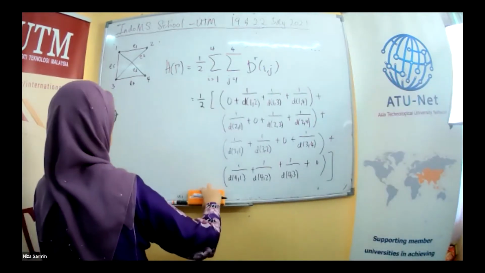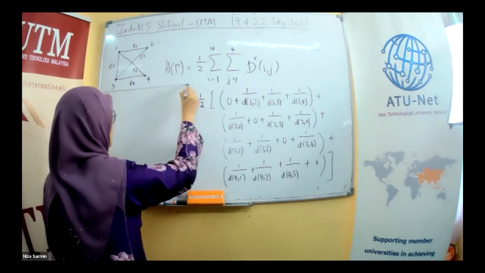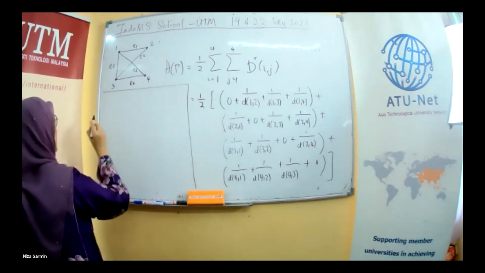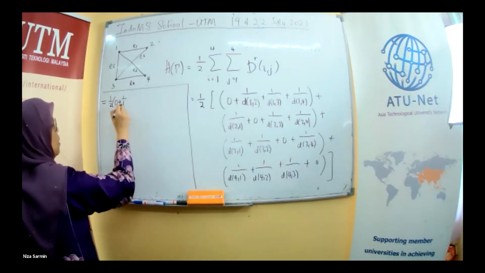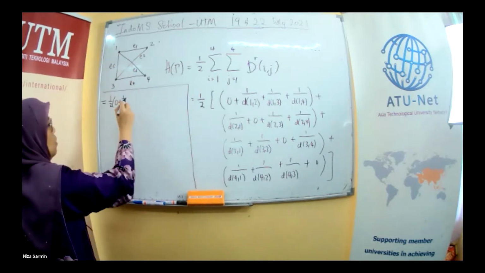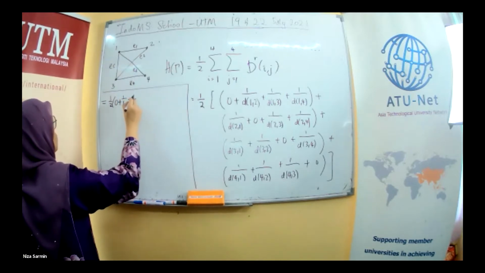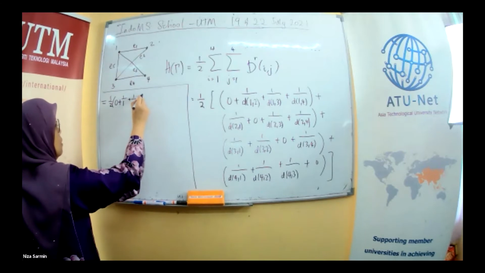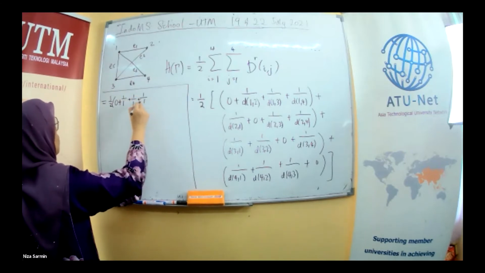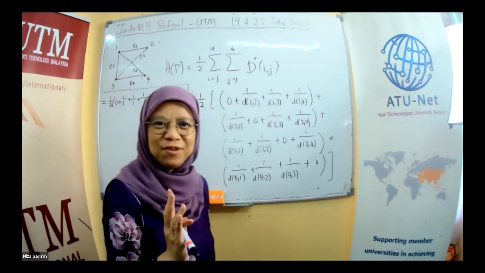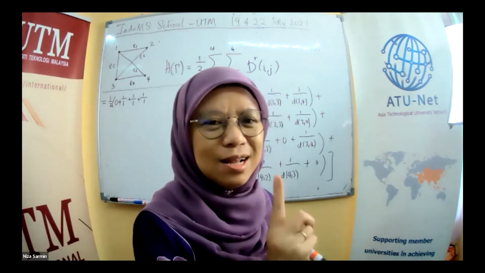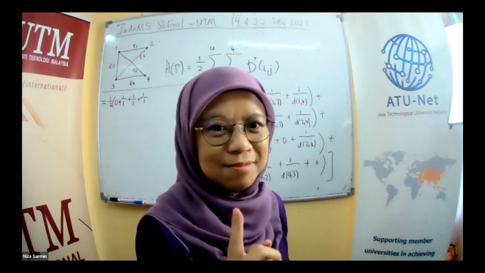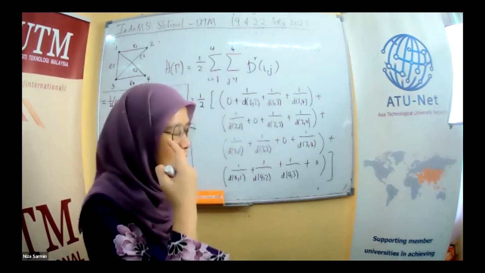Let's try not to erase. 0 plus 1, right? The distance from 1 to 2 is 1, 1 to 3 is 1, 1 to 4 is 1. If it's a complete graph, it's all ones, so you can easily get it.